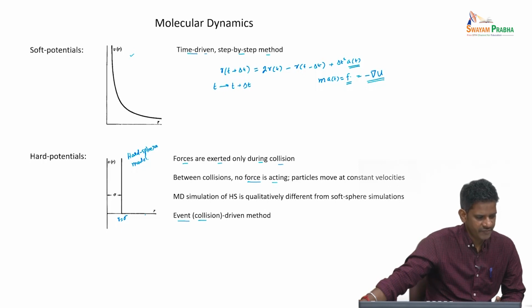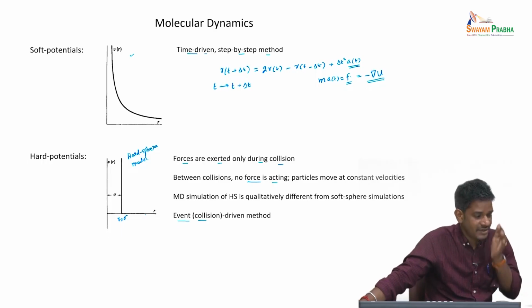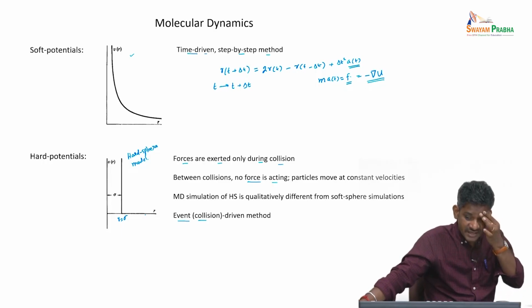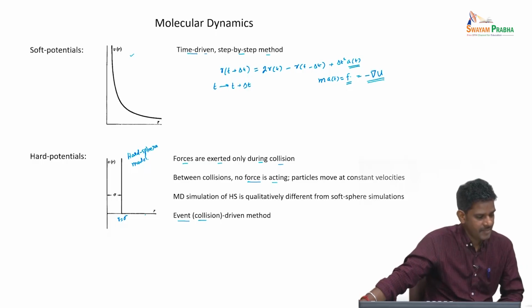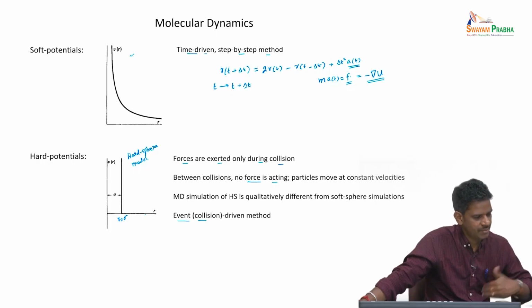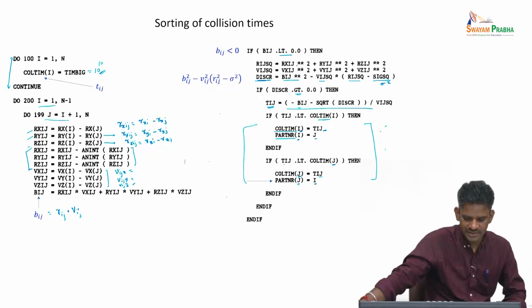So it would be a waste of time taking a small time step and updating the particle positions and velocities, because particles are moving at a constant velocity anyway. Whereas in the soft sphere case, for every delta t the particle velocities are changing, and that is why we do it in a time step manner. Here, only collisions matter. Between collisions the particles are moving at a constant velocity, so it is easy to update the particle positions and velocities like I showed here.